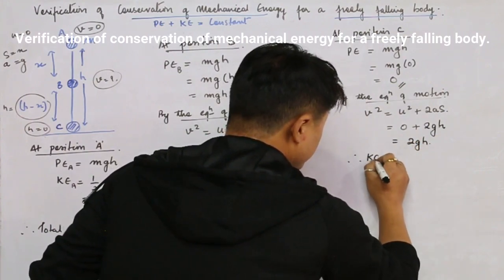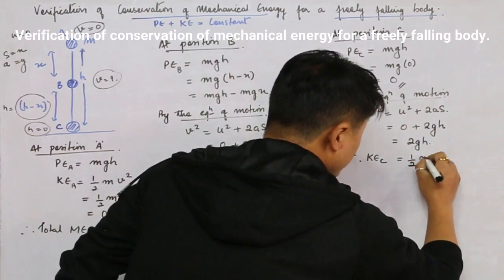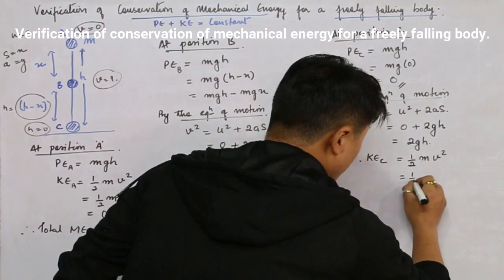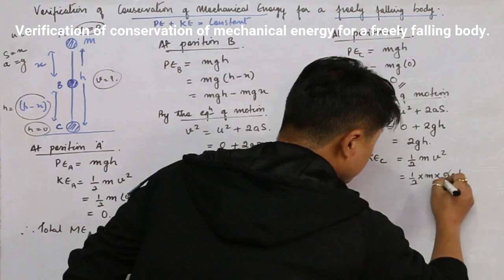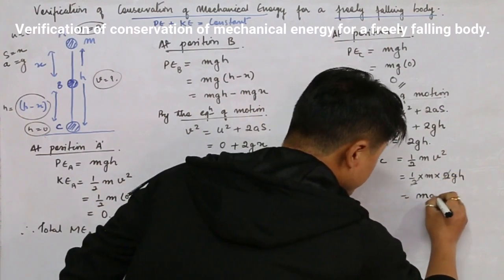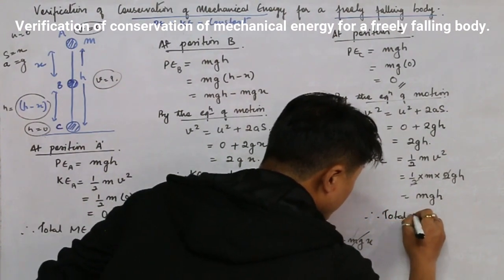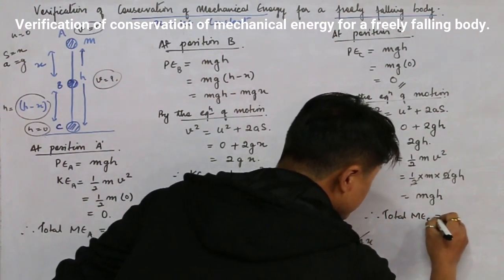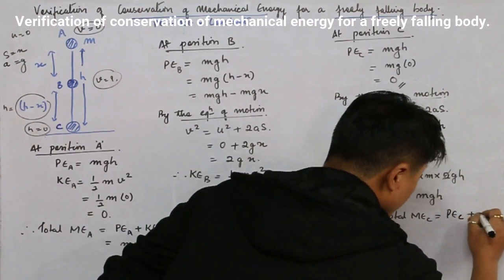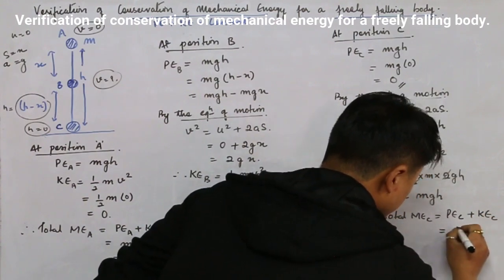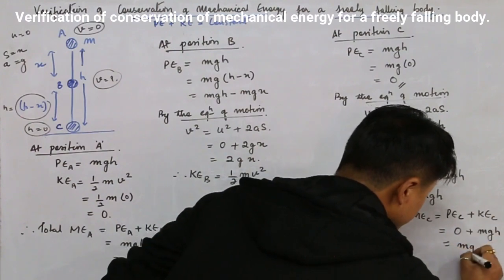Therefore kinetic energy at C will be half mv square, which is half into m into 2gh. The 2 cancels, giving mgh. Therefore total mechanical energy at C is equal to potential energy at C plus kinetic energy at C, which is 0 plus mgh, equal to mgh.